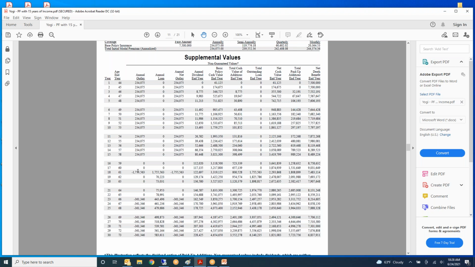This is the first distribution from the policy, and it is used to pay back to the bank, okay, half of the total loans to be paid back to the bank. And additionally, starting year 23, as of age 66, there are going to be additional income distributions.